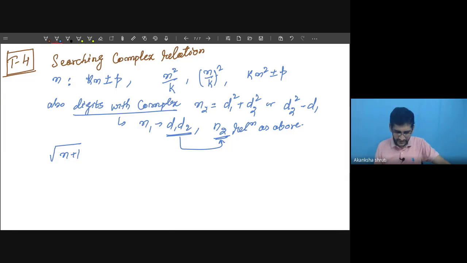It could be like this one. It may be possible that one side is n, and another side is the square root of n plus 1. Say, for example, there is 48 and on the right hand side it is given as 7.